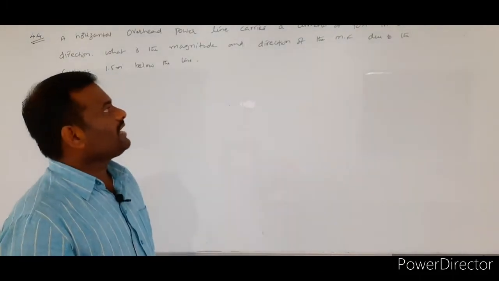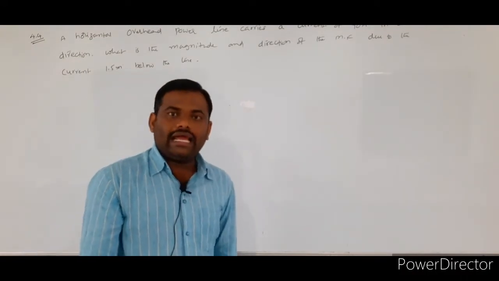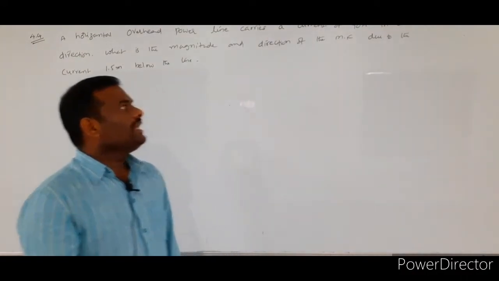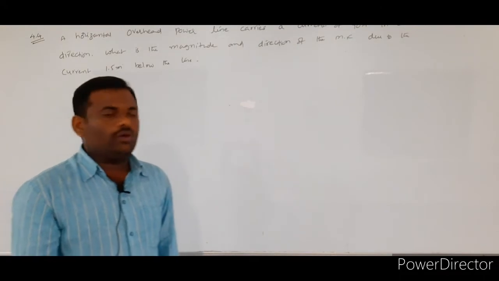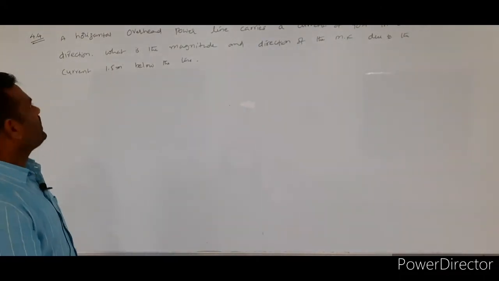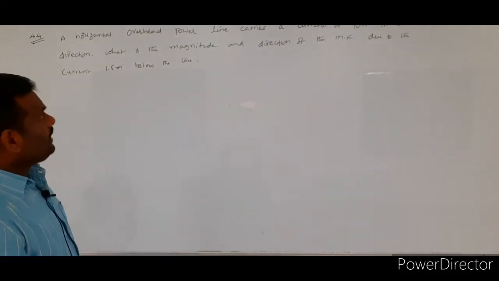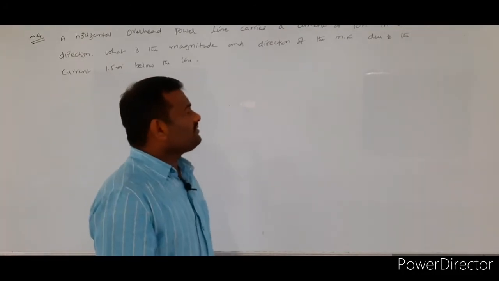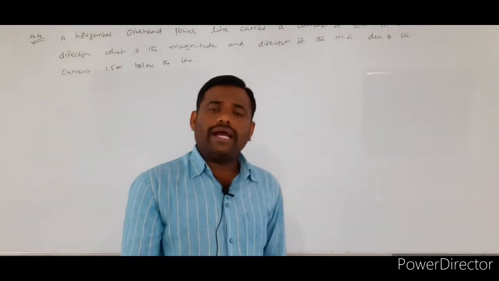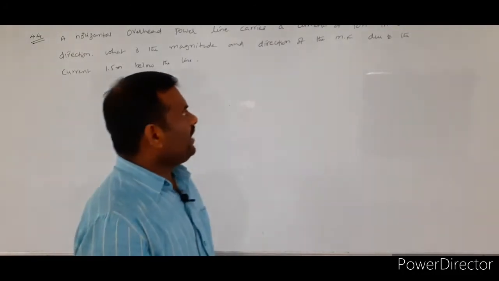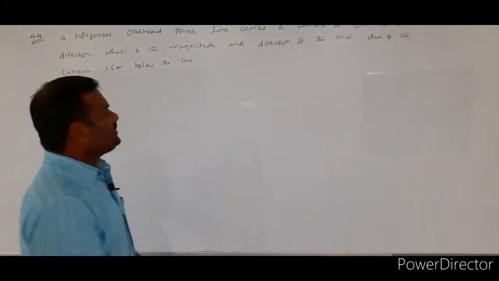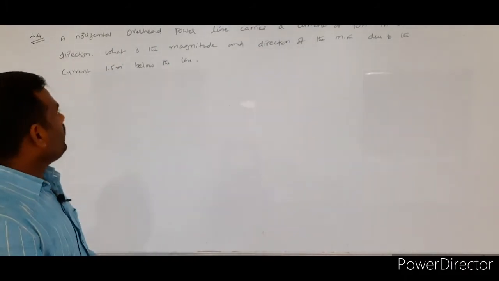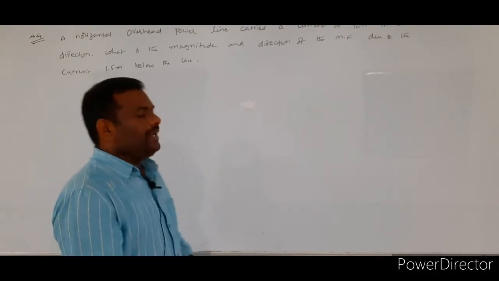What amount of current is it carrying? 90 amperes. In which direction? East to west. Then what are they asking? What is the magnitude and the direction of the magnetic field due to the current 1.5 meter below the power line.